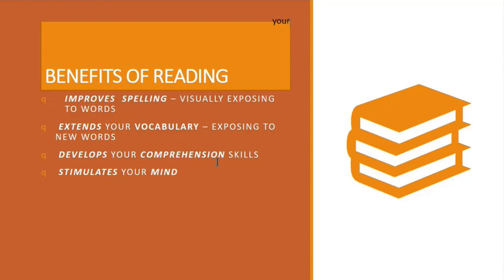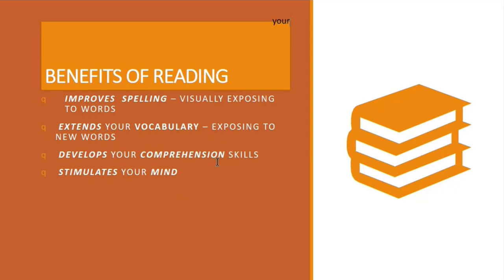Because when you read, it improves your spelling. When you are reading, you look at the word and you see it visually, and when you look at it over and over again, you are able to spell it correctly.